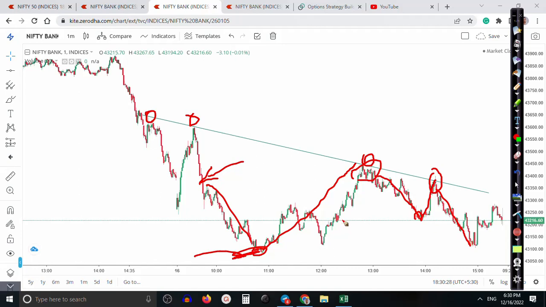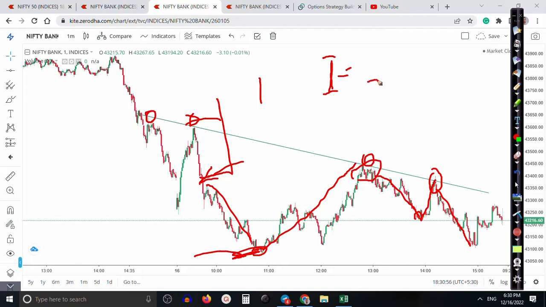Let me explain. In this area, there was a huge stop loss, so we reduce the delta. What is the meaning of that? If the stop loss is too far, we never place trades like 20 rupees, 30 rupees. If the stop loss is 80 rupees, 100 rupees, we reduce the delta.